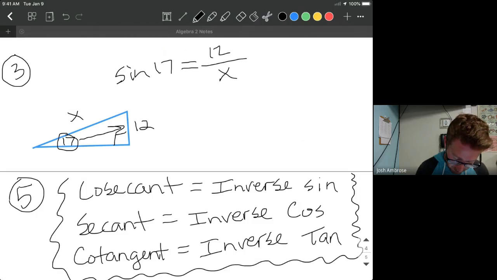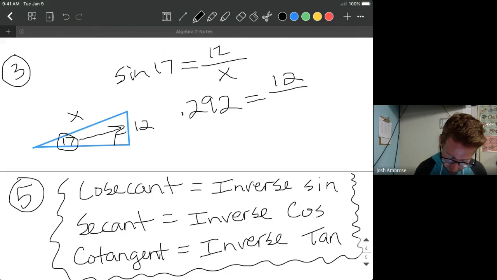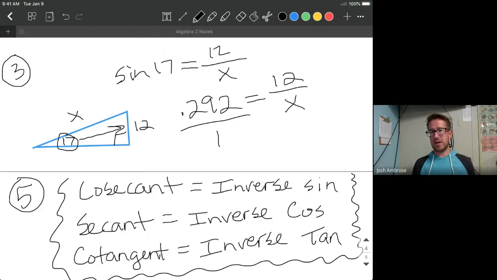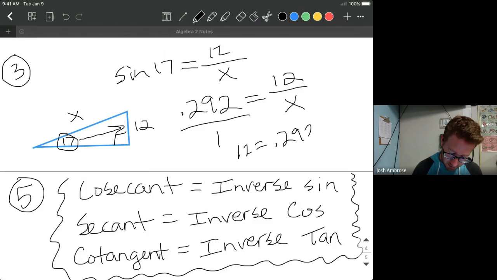0.292. So we have a 0.292 equals 12 over x. Go ahead and put that over 1. So now you're just looking at a proportion, okay? If you were to cross multiply here, you're going to get 12 equals 0.292x, and then both sides need to be divided by that 0.292.